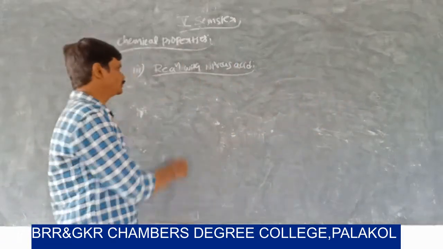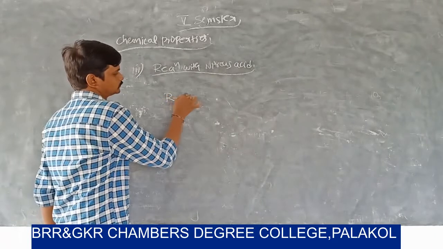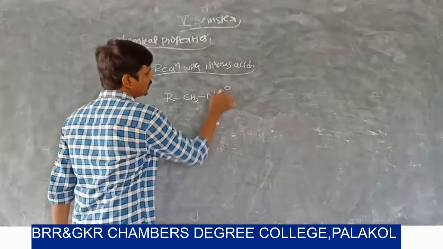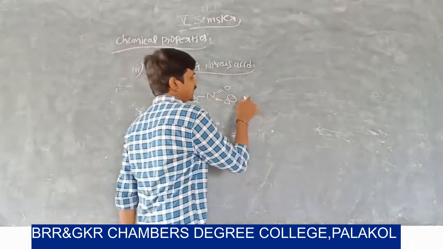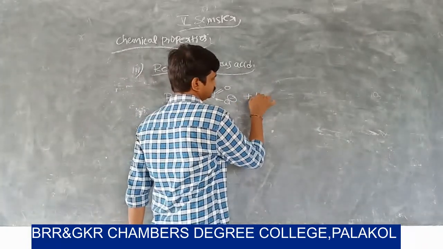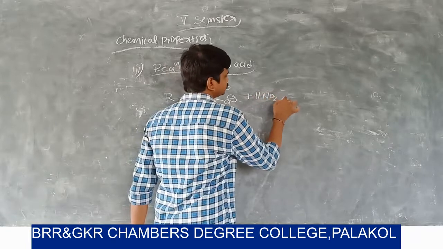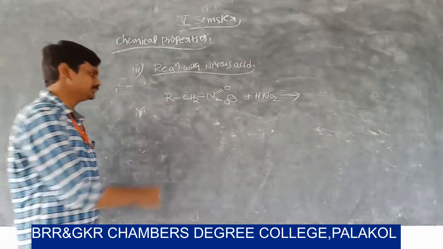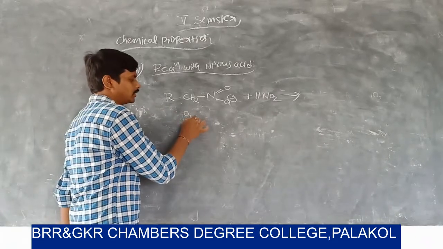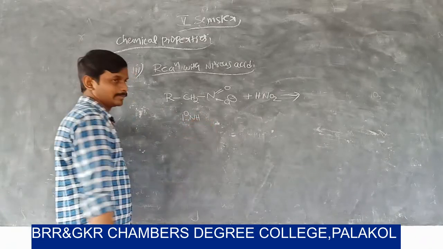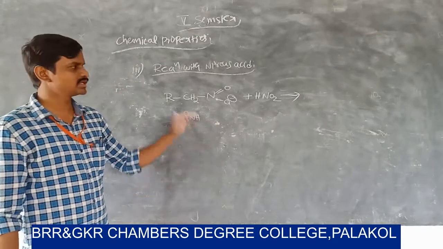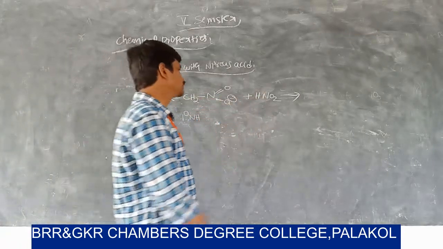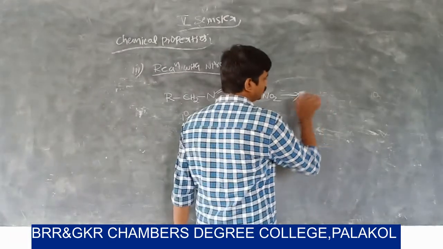But now when nitrohydrocarbons are treated with nitrous acid, we can get different products. Let us discuss this reaction. Here, a primary nitrohydrocarbon on treatment with nitrous acid leads to formation of nitronic acid.